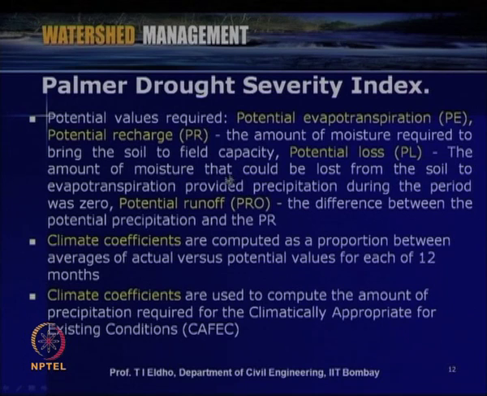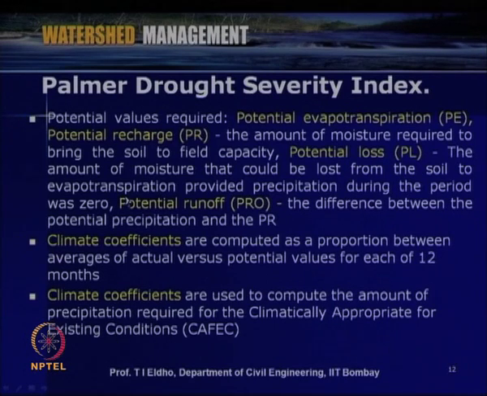So, this Palmer drought severity index is designed, and the climate coefficients are computed as a proportion between the averages of actual versus potential values for each of 12 months. Accordingly we can identify actual versus potential values, and then have the climate coefficients. The climate coefficients are used to compute the amount of precipitation climatically appropriate for existing conditions.